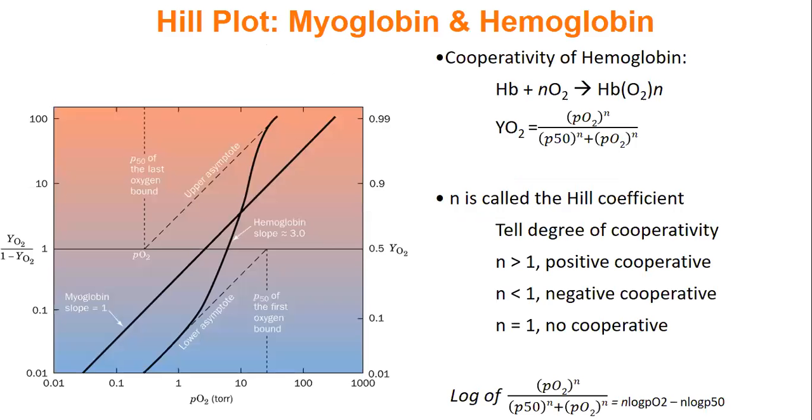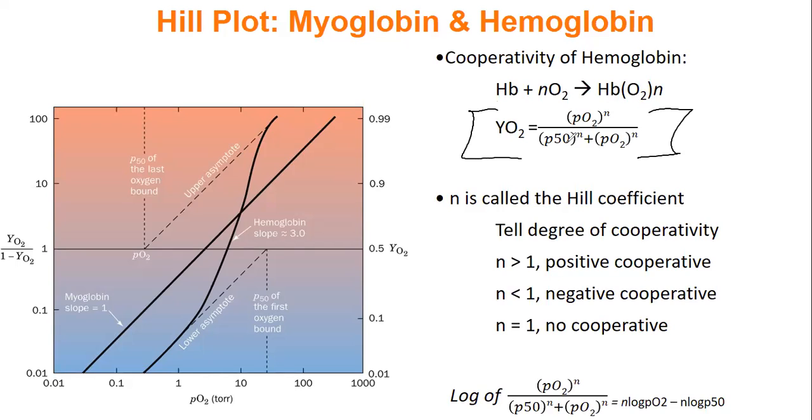When we talk about cooperative binding, there is another plot whose whole purpose is to determine if there's cooperative binding. Before I get into that, we have a different equation to use. When we are looking at a protein that has multiple binding sites, our fractional saturation equation changes slightly.